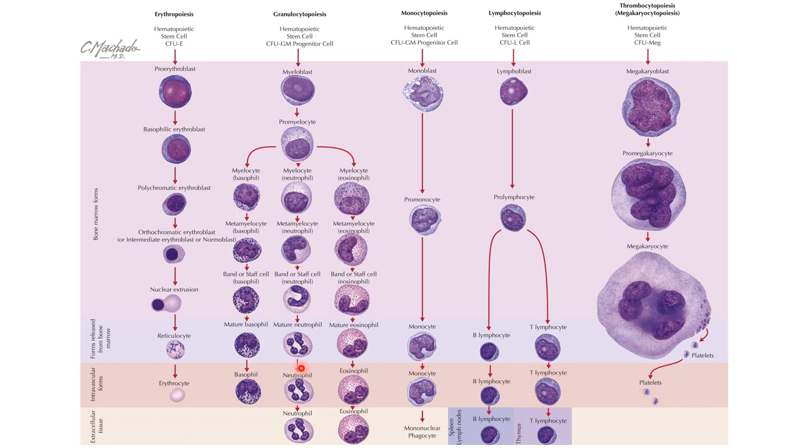These are the formed elements that you will see in the blood. Now, if you trace it backwards, as you go more superiorly in this image, you will end up with the hematopoietic stem cell here.